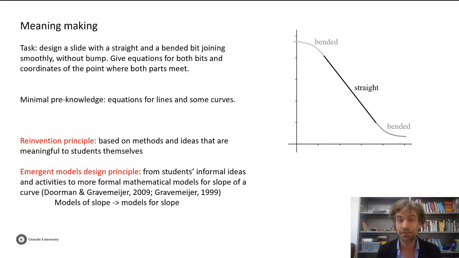But we're going to have situational models, informal models which we would like to build on and develop. So what comes out of the task is not the final product of the lesson. We want to change the models of slope that are still really tied to the situation of the slide into more abstract models for slope. That's the goal of the lesson.